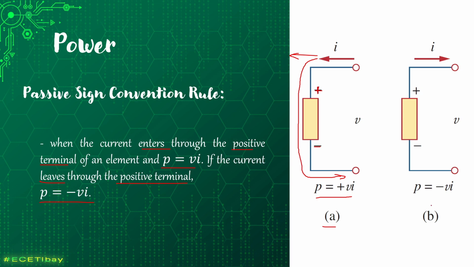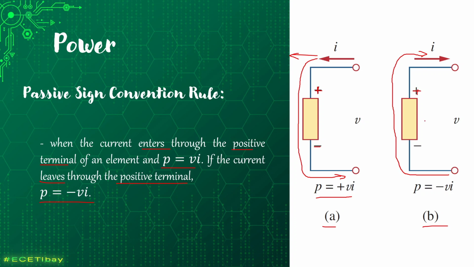Now, if we look at figure B, the current is leaving through the positive terminal, which is here, because the current is flowing from this direction to this direction, where the arrow is pointed up.